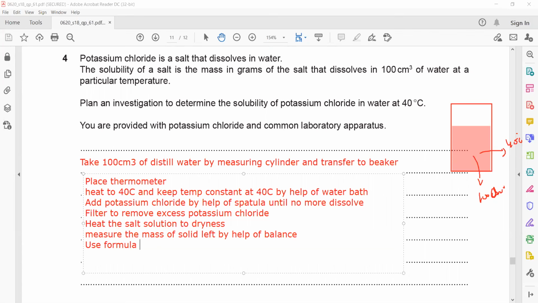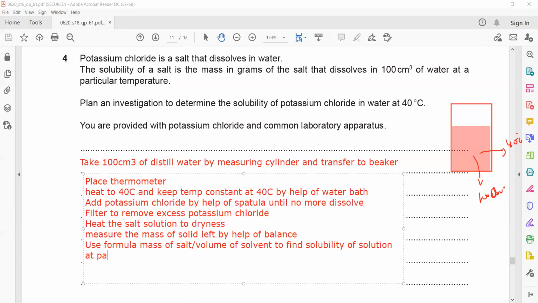What formula will you use? Mass of salt divided by volume of solvent to find, sorry, to find solubility of solution at a particular temperature.